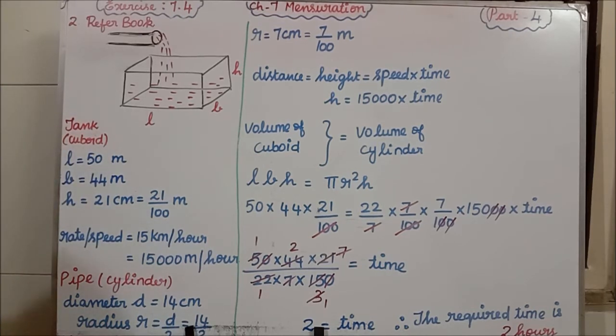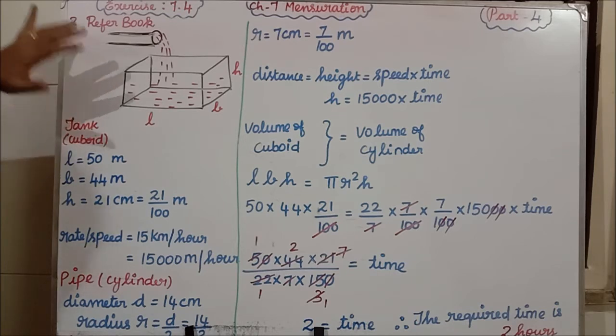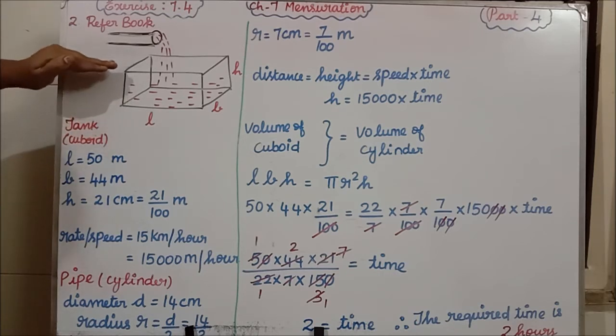Find the time in which the level of water in the tank will rise by 21 centimeter. Students, are you able to understand the question? They were asking how much time the water will take to rise in the tank to the level of 21 centimeter. How much time will it take? Okay, we have to find in the second question the time.